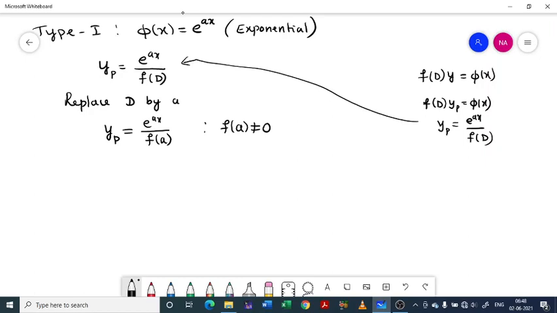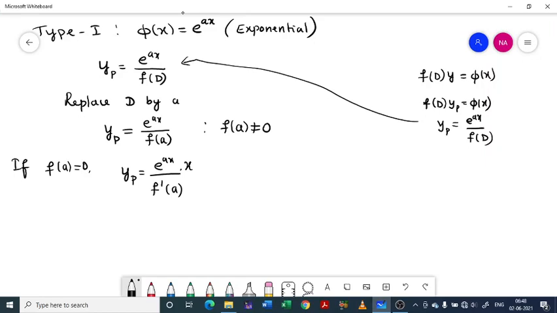Suppose you get 0, that is, if f of a equals 0, in that case yp will actually be e power ax divided by f dash of a, into x in the numerator. See what is happening there?